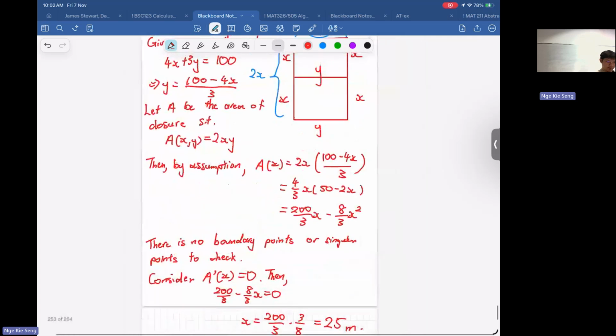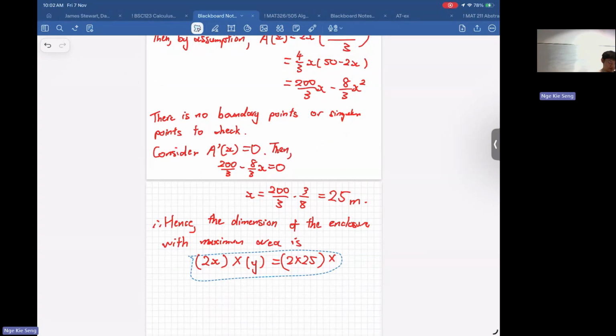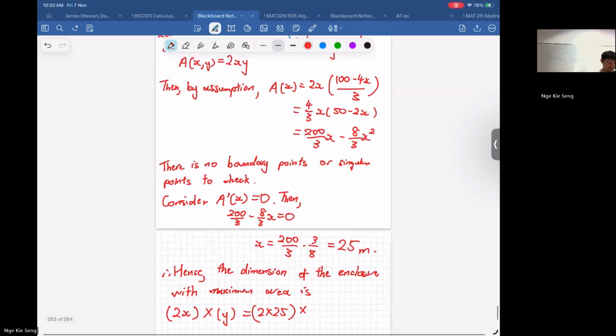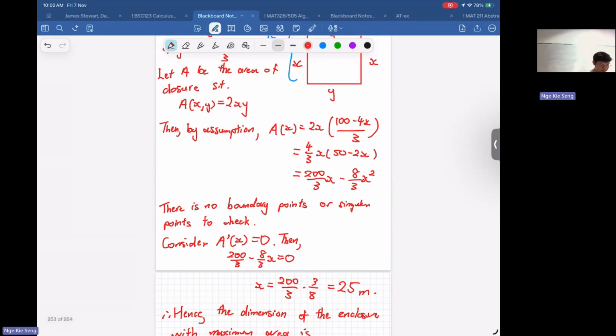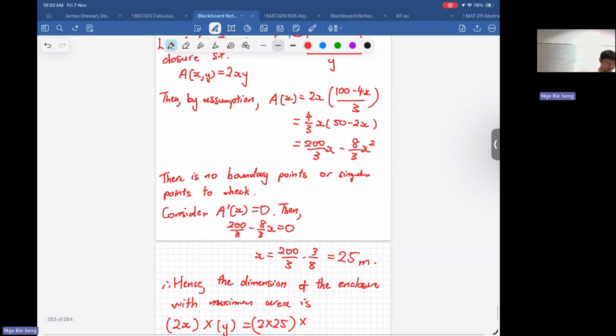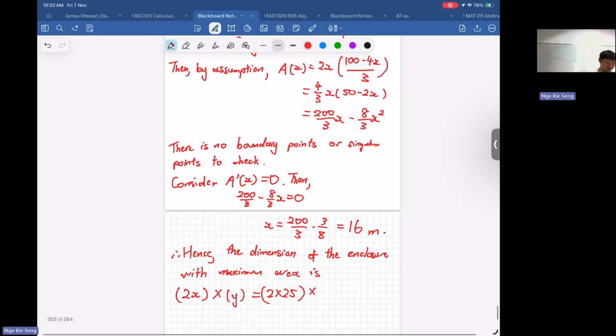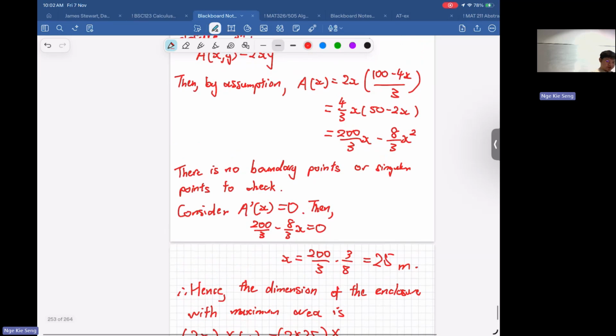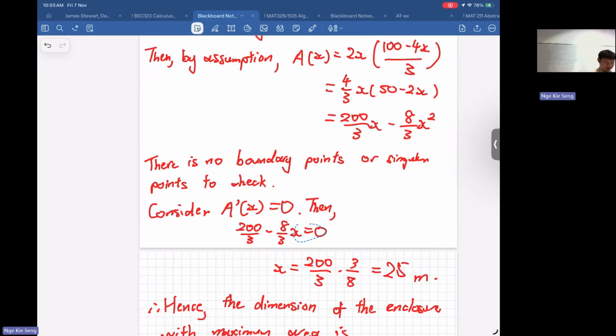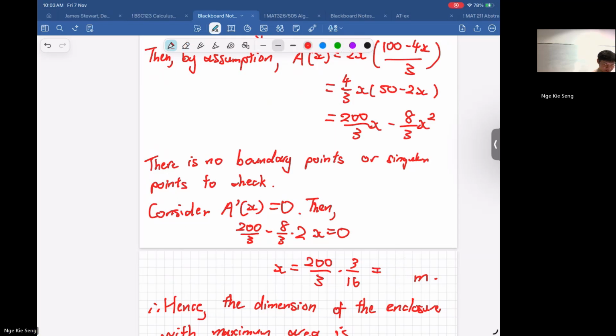What's y here? Sorry, 16, 16. Thank you. Why am I thinking 25? After you differentiate, your power needs to come down, so this is 16 here. Then this is not a whole number anymore, is it?